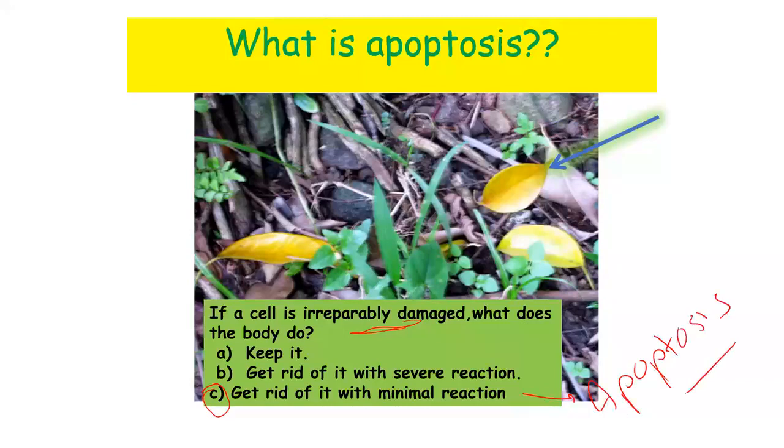And the example for apoptosis, which is the programmed form of cell death, is shown here in these leaves. Okay, in plants, some of the leaves are irreparably damaged, like those yellow leaves, and so they just fall. So we have the fall, which is the autumn, فصل الخريف.